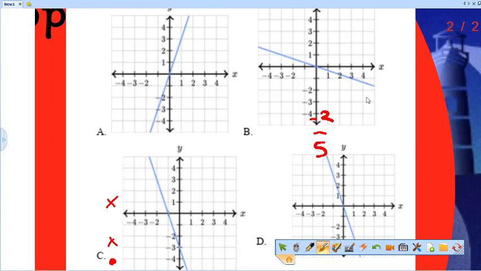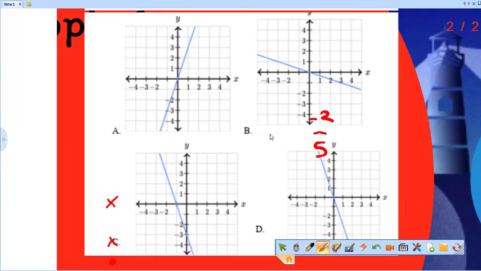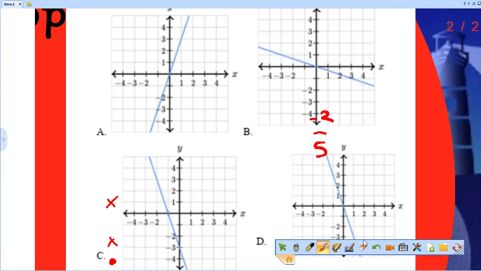Let's see next one. Y equal negative half x.